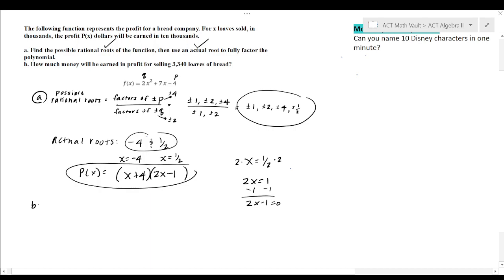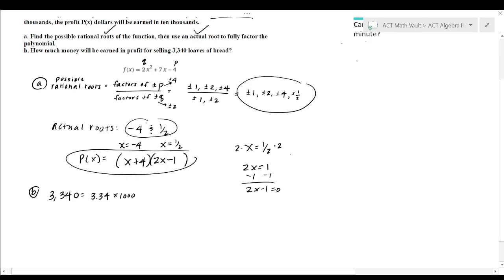Lastly, it says how much money will be earned in profit for selling 3,340 loaves of bread. Okay, so it says up here that for X loaves sold in thousands, so 3,340 is 3.34 times 1,000.